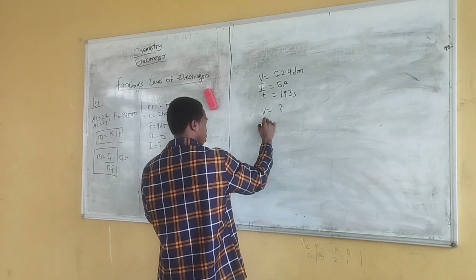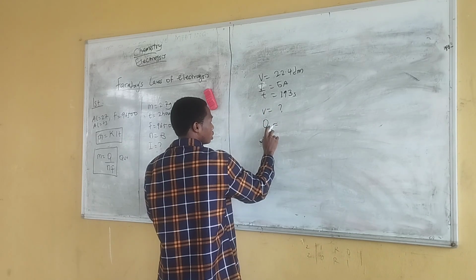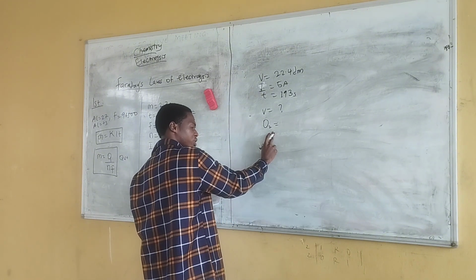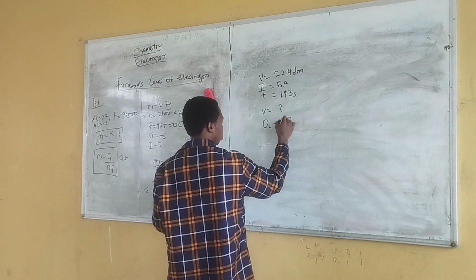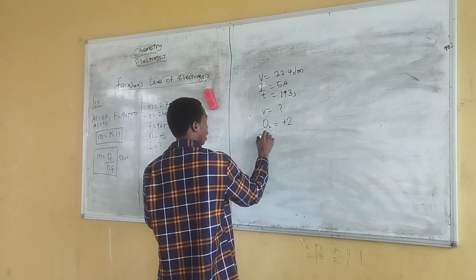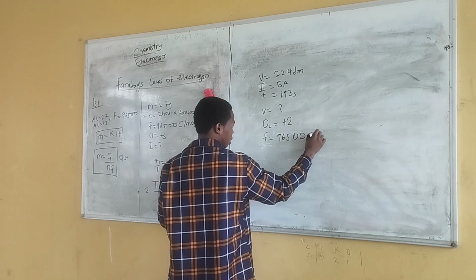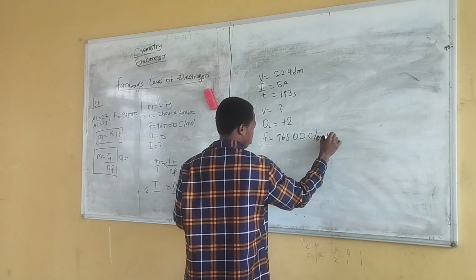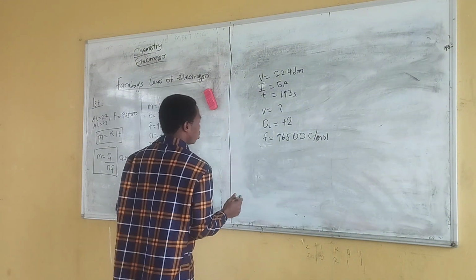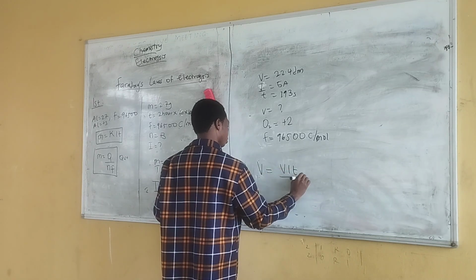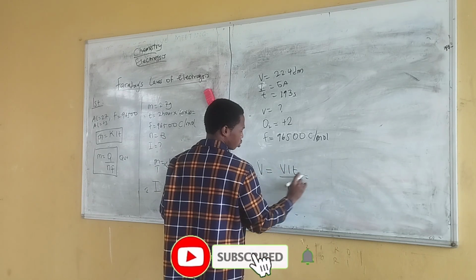They say we should calculate the volume of oxygen. The valence electron of oxygen is 2 plus 2. Then F is equal to 96500 C per mole. So we have this formula that will assist us in solving it. So just put your parameters here.